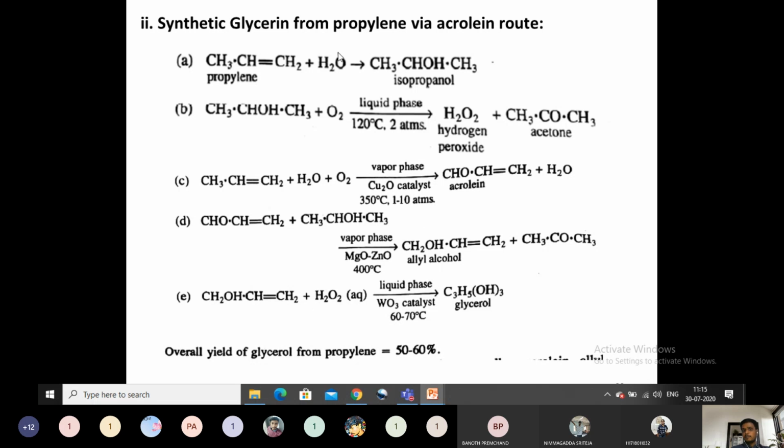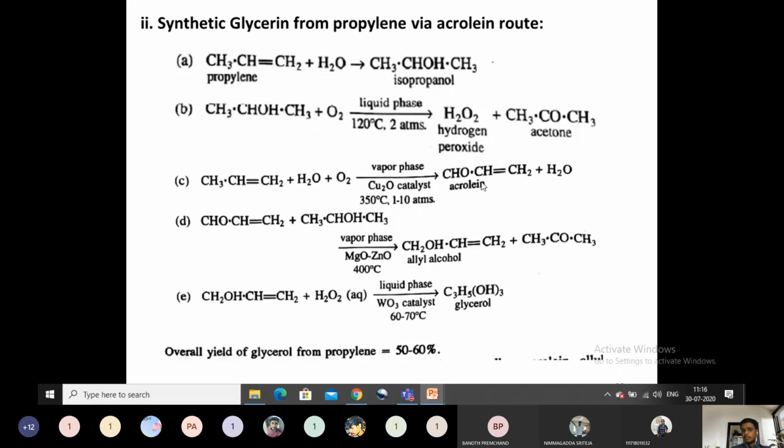Here propylene will be oxidized at a temperature of 120 degrees centigrade and a pressure of 2 atmospheres to give hydrogen peroxide and acetone. Then the propylene will be simultaneously hydrolyzed and oxidized using a copper oxide catalyst at 350 degrees centigrade and 1 to 10 atmospheres pressure to give acrolein. So this is called the acrolein route.